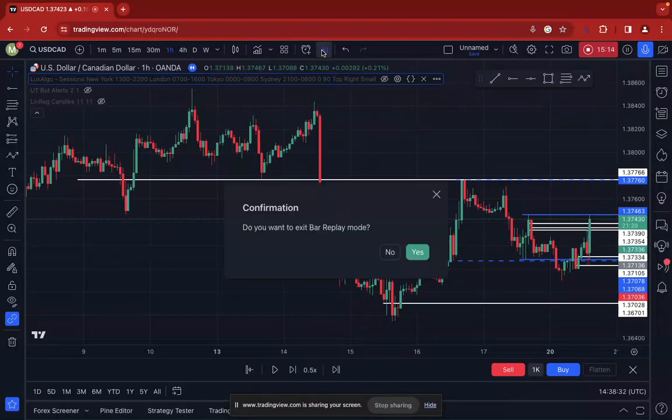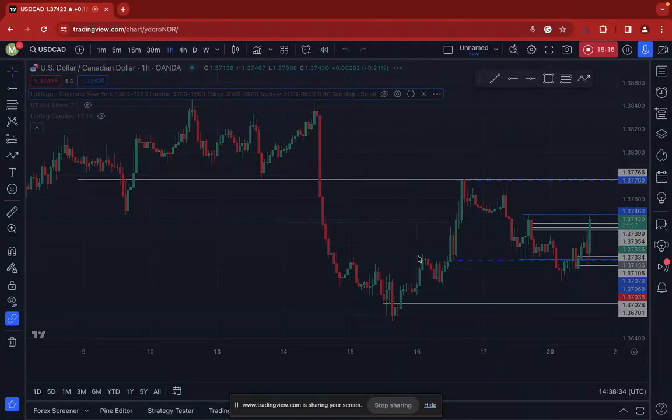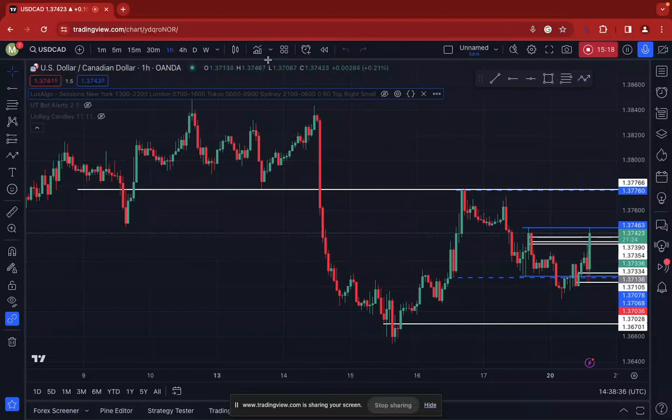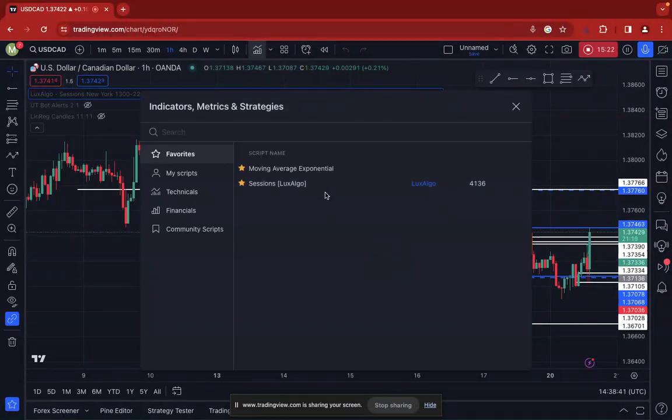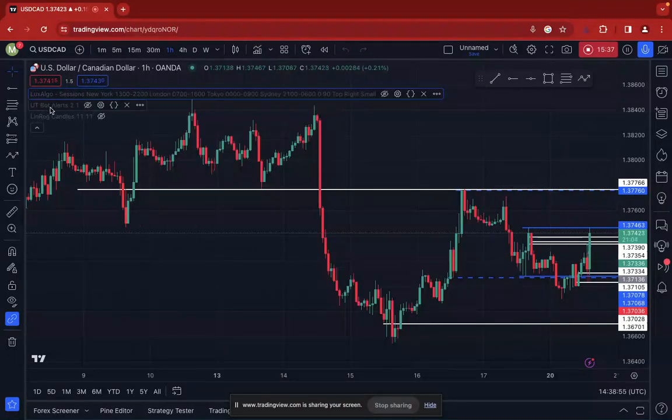I think it's because you're on the replay, so let me remove the replay so that you can see the indicators section here. On the indicator section, you first search for UT Bot. I have it already. UT Bot is the one that gives you the buy and sell entries.